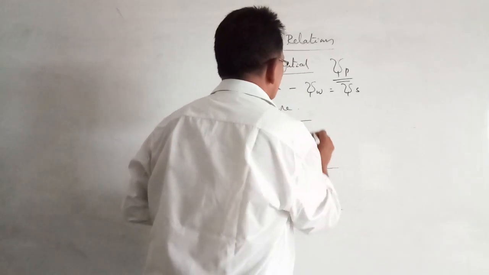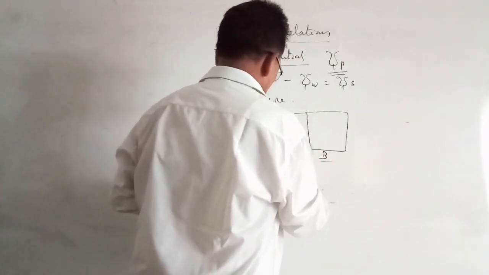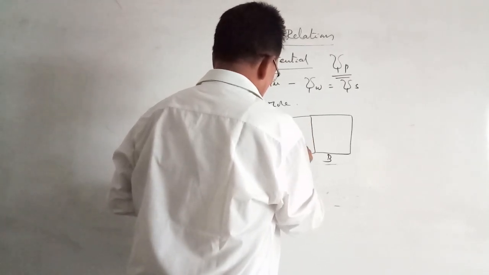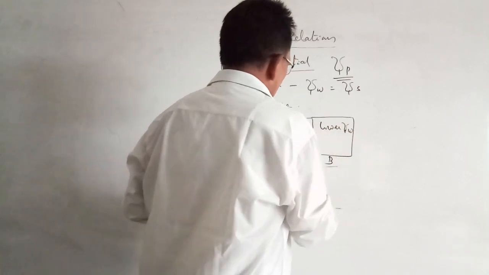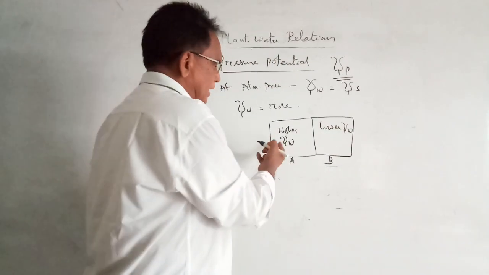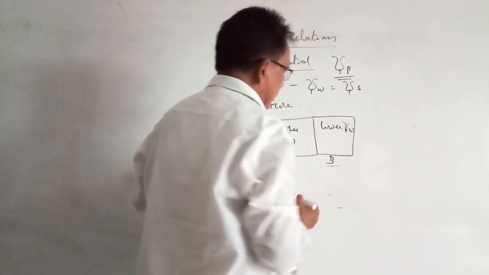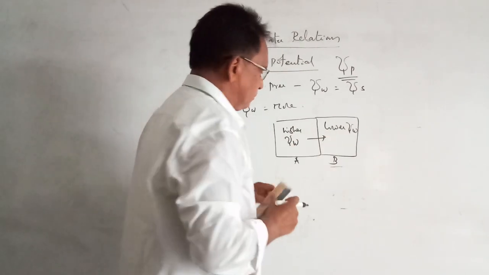Suppose these are the two cells A and B. The cell A has higher water potential and cell B has lower water potential. In this condition, now water moves from A to B.